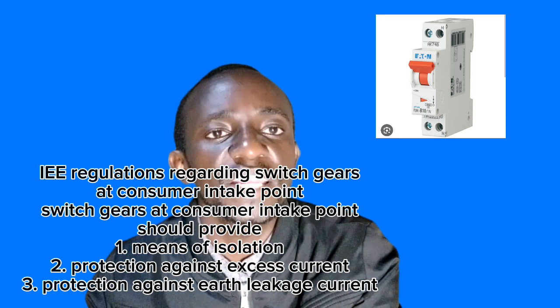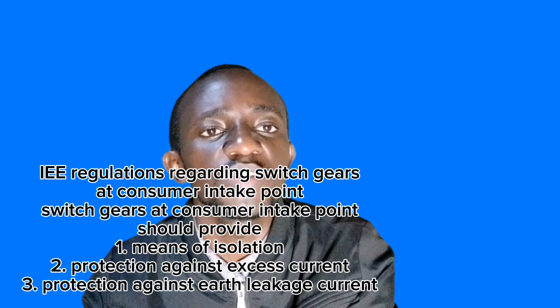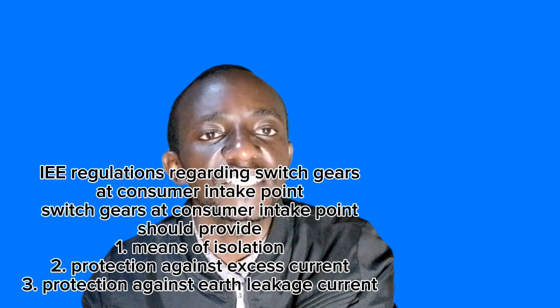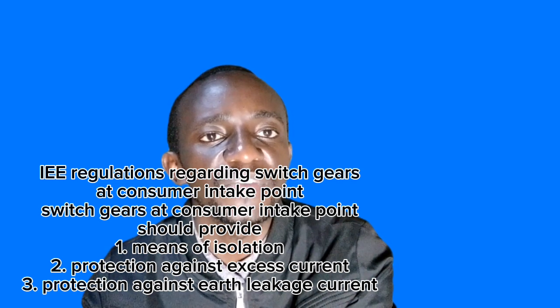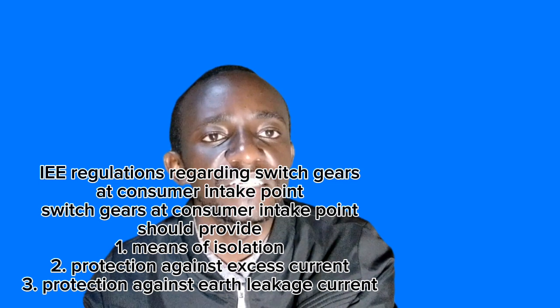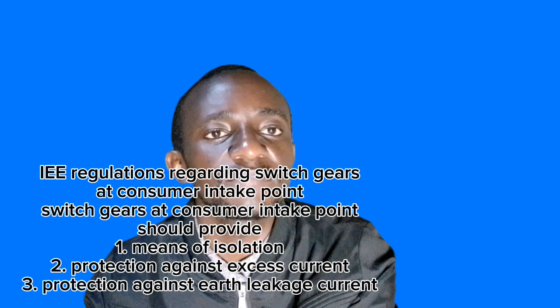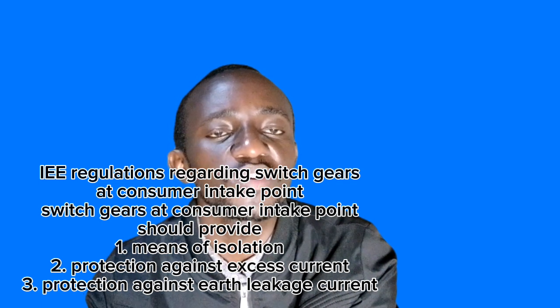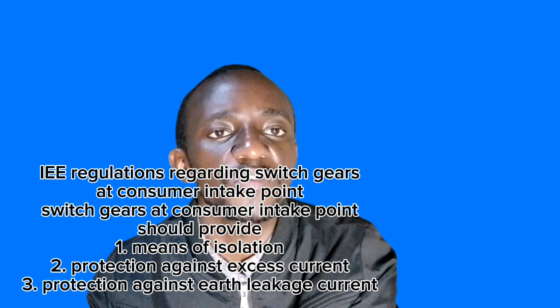Then they also recommend that the switch gears at the consumer intake point should have means of excess current protection. What do we mean by excess current protection? All loads have a rating of current. So if your load is rated 5 amperes and the circuit tends to draw more than 5 amperes, there should be a provision within your switch gears that will make them automatically put themselves off.